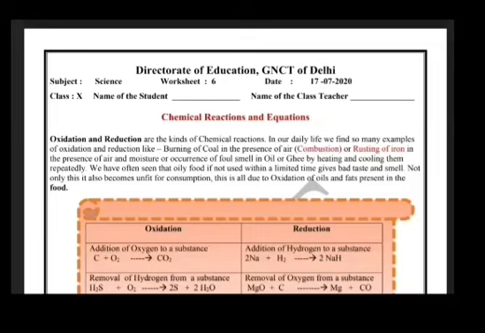In our daily life we find so many examples of oxidation and reduction, like burning of coal in the presence of air, which is called combustion, or rusting of iron in the presence of air and moisture, or the occurrence of a foul smell in oil or ghee by heating and cooling them repeatedly.